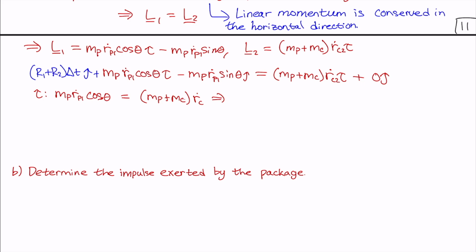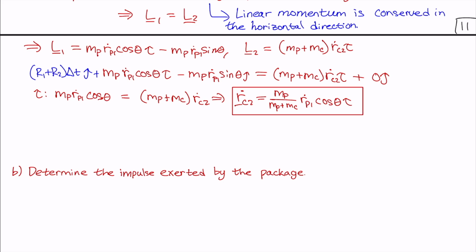Let me add that back in here. We can find r_C2 dot just by directly dividing, and we'll write it as m_P over (m_P plus m_C) times r_P1 dot cosine theta, and if we want to do our vector, it's in the I direction. That's our final velocity because velocity is a vector. And this right here is then the answer to part A.